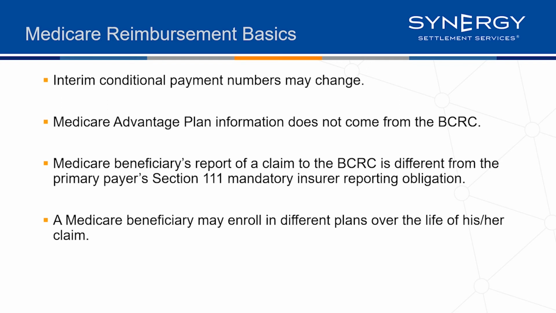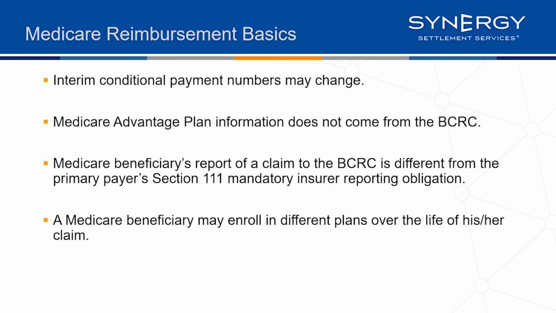So the Medicare beneficiary's report of a claim to the BCRC will result in the BCRC providing conditional payment information under Medicare Part A or Part B. If you want to obtain information regarding the Medicare Part C and Part D payments, you're going to have to go to the plans themselves.